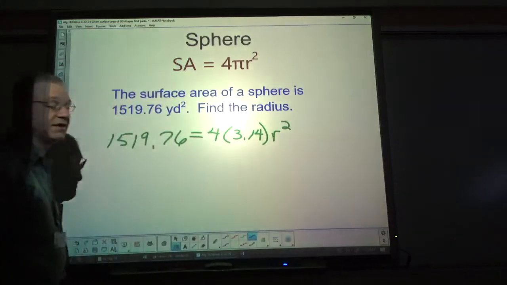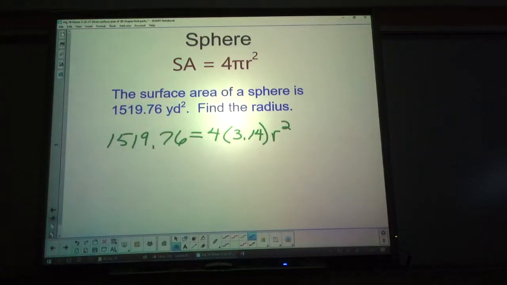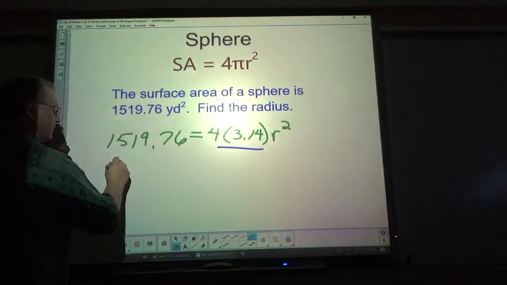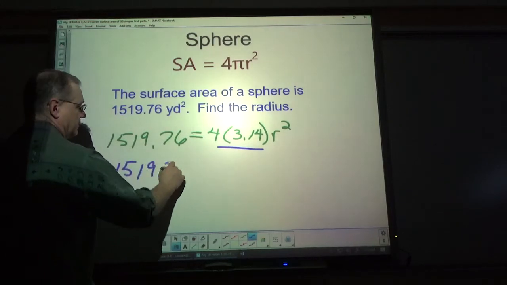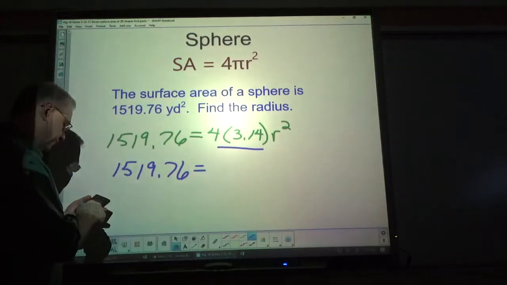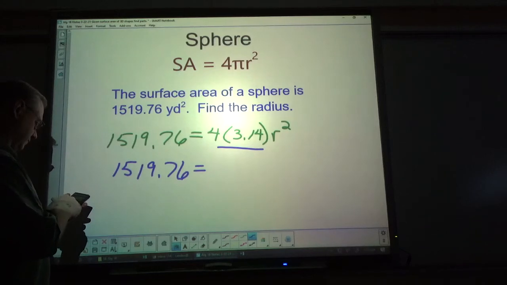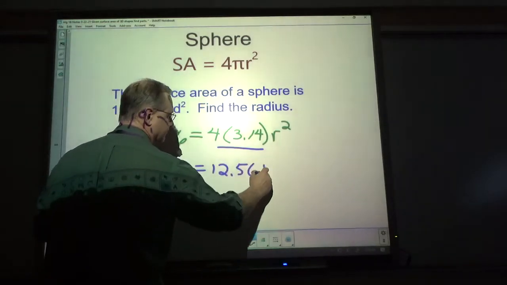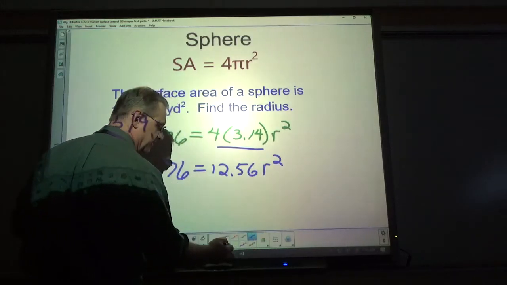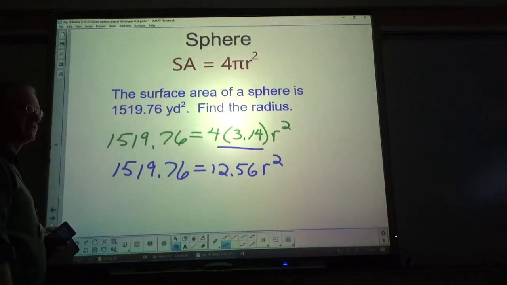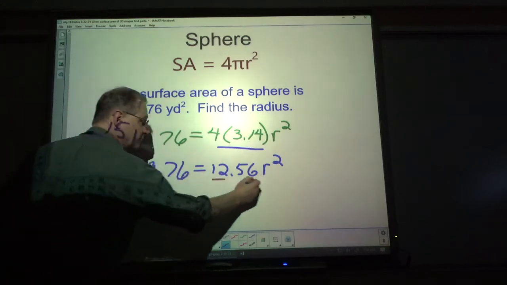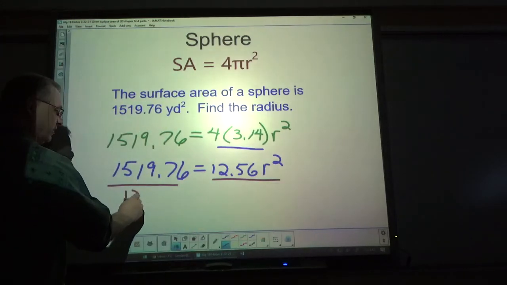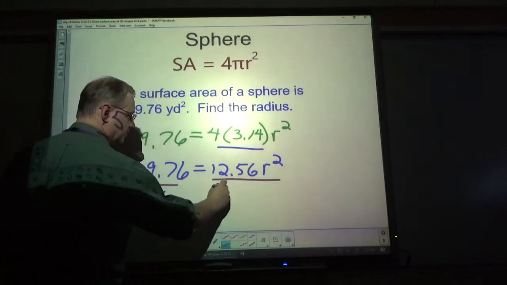We need to know what the radius squared is, but first we have to do a little calculation. 12.56 radius squared. I need to get rid of the 12.56 so I get r squared by itself. Divide by 12.56.